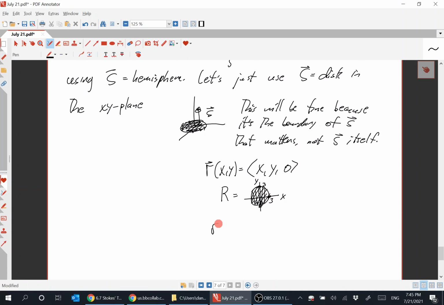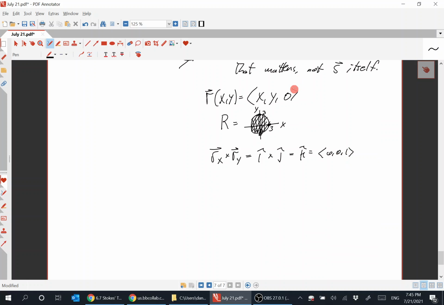Then Rx cross Ry: Rx is i, Ry is j, so the cross product is i cross j, which is k, which is 0, 0, 1.